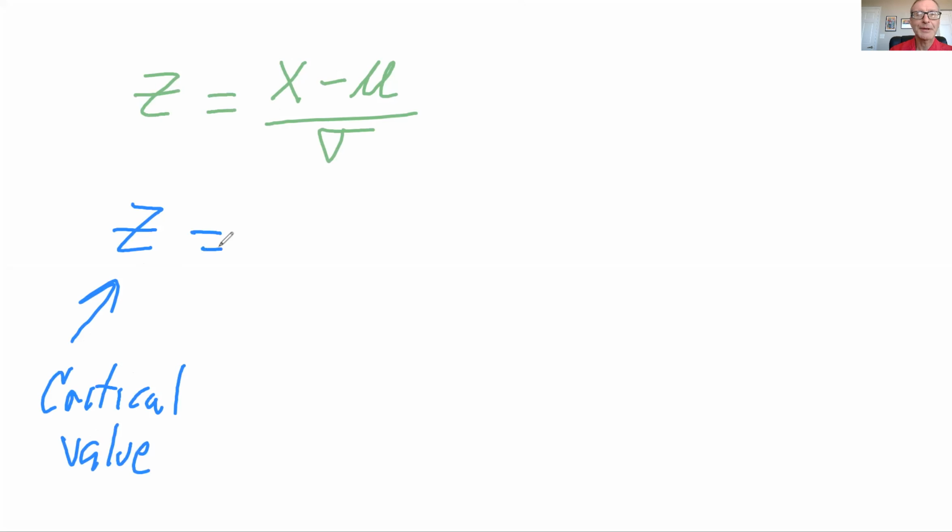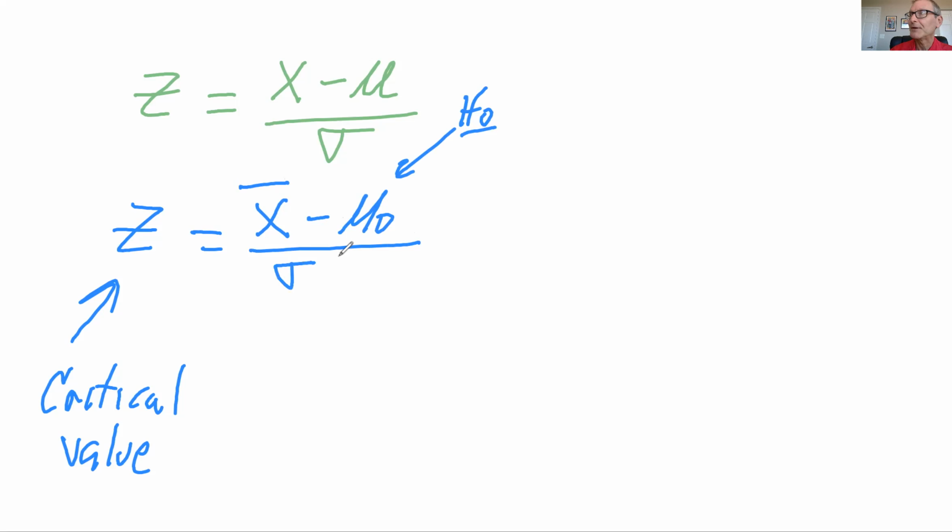is going to be the mean of our experiment. So in this case, that's the x-bar value, and we're going to subtract from it the null hypothesis value. So this comes from the null hypothesis. And guess what we divide by? The standard deviation divided by the square root of n. And that's where the central limit theorem comes in.